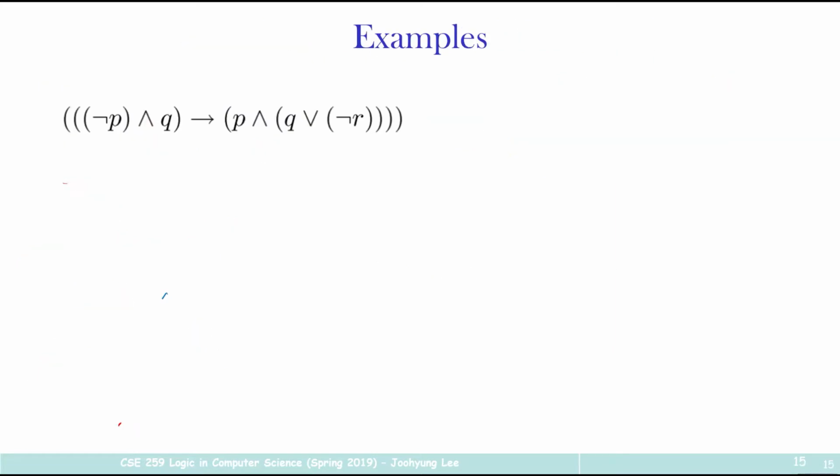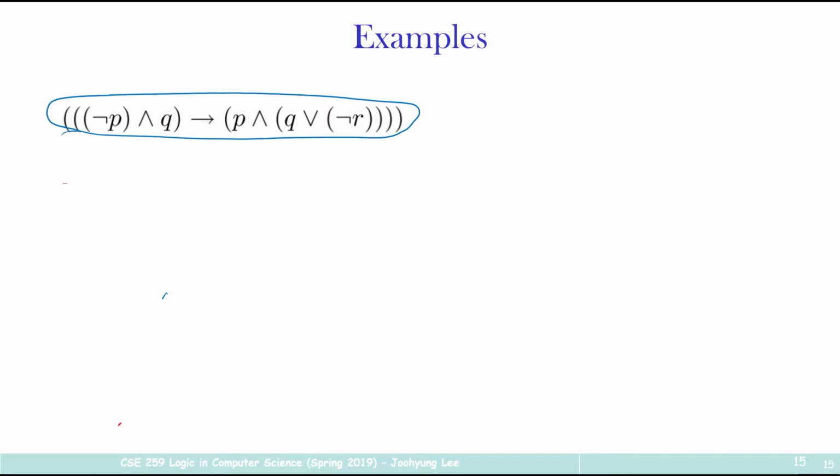Now something that I just said: if it is a formula, then you can use the rules to show that this is a formula. One way to make that easy is to draw the so-called parse tree, which is very common in computer science. What that means is we are going to turn this into a tree structure that represents the application of the rules.